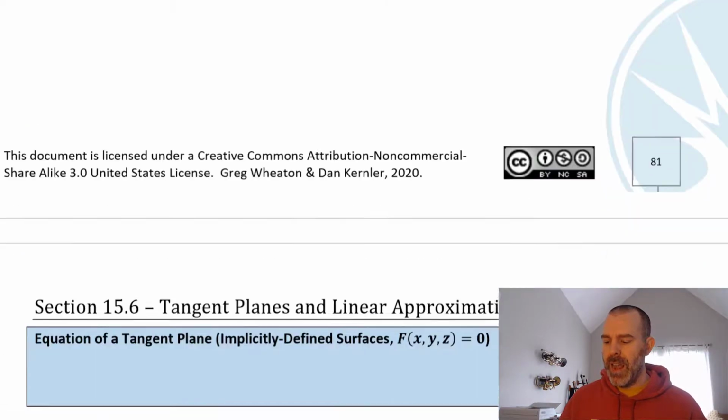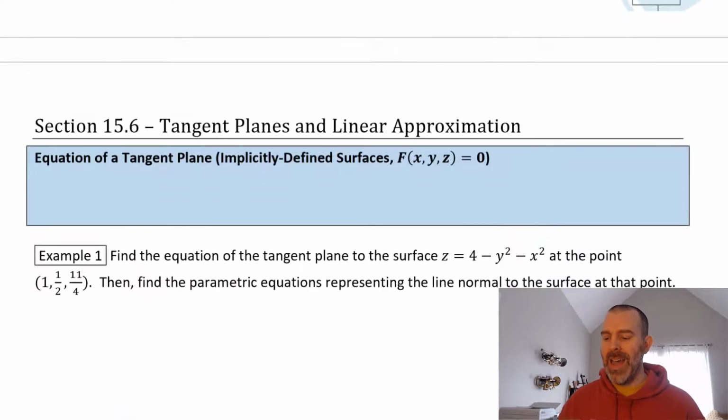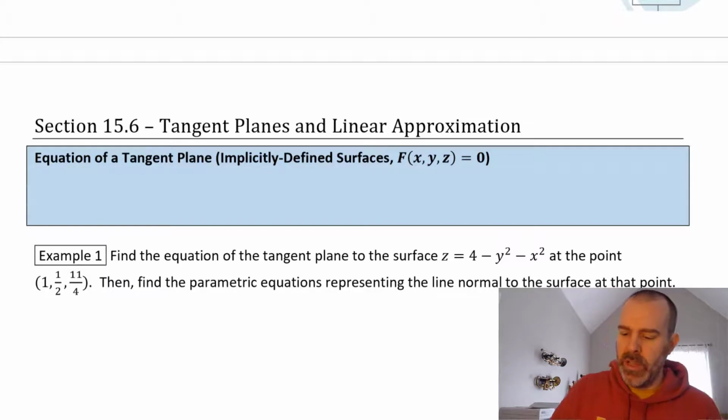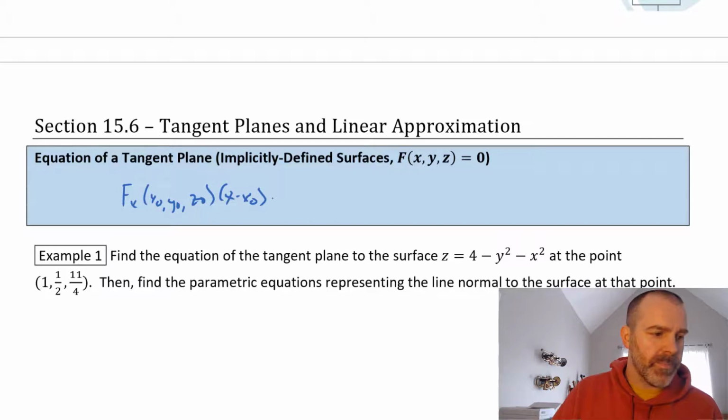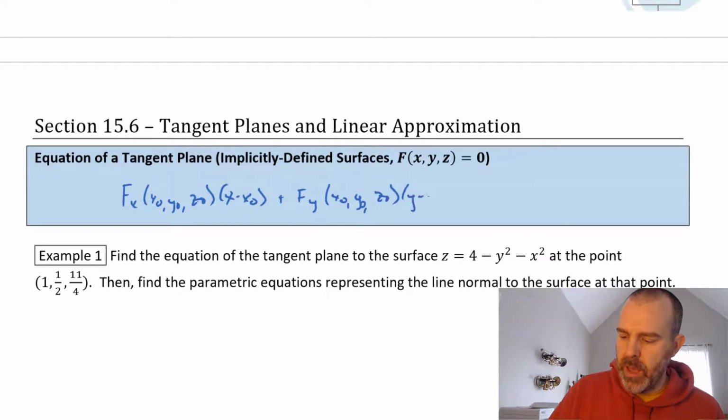All right, so next here, what if we have an implicitly defined surface where we have f of x, y, z equal to 0? In this case, very similarly, we'll take the partial derivative with respect to x at x naught, y naught, z naught times x minus x naught, plus the partial derivative with respect to y at x naught, y naught, z naught times y minus y naught.